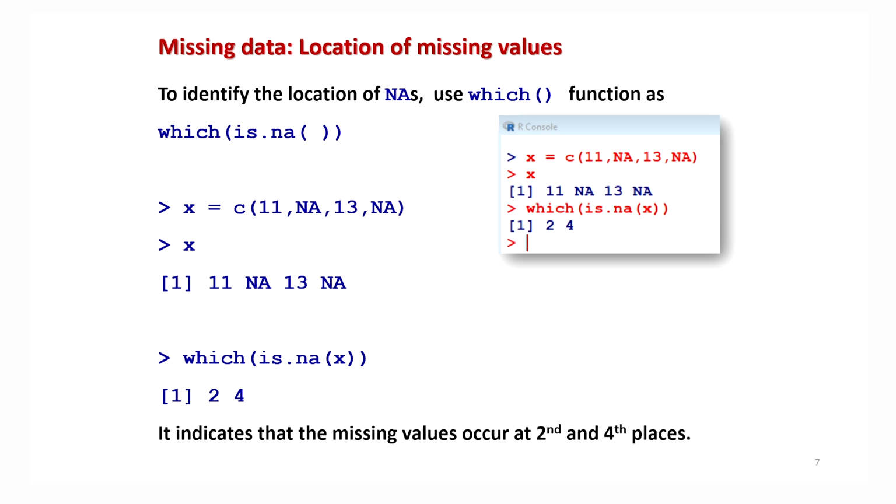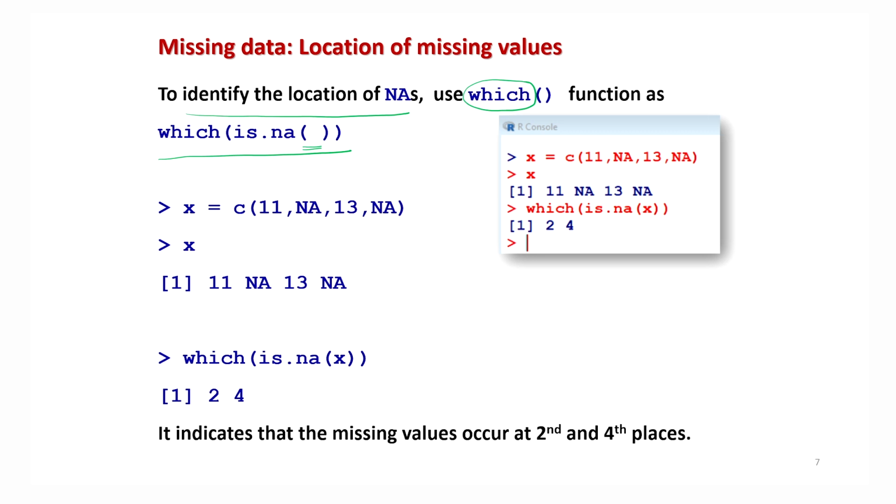Right. Okay. Now let me address another aspect of missing data. Whenever we have some missing data, we would like to know the location of the missing values, or we want to identify the location of NAs. For that, we can use the command which, and inside the parenthesis we write is.na, and then inside the parenthesis the data vector.